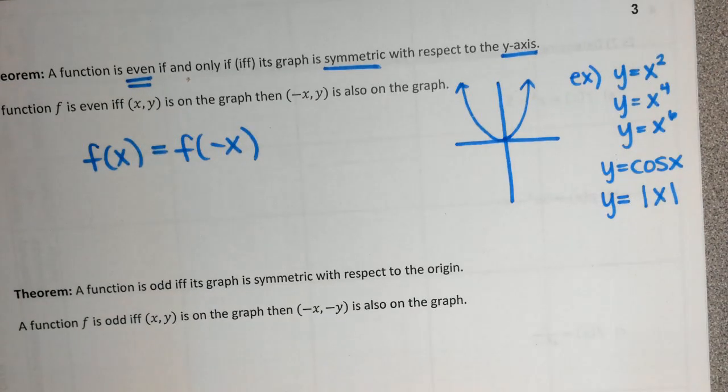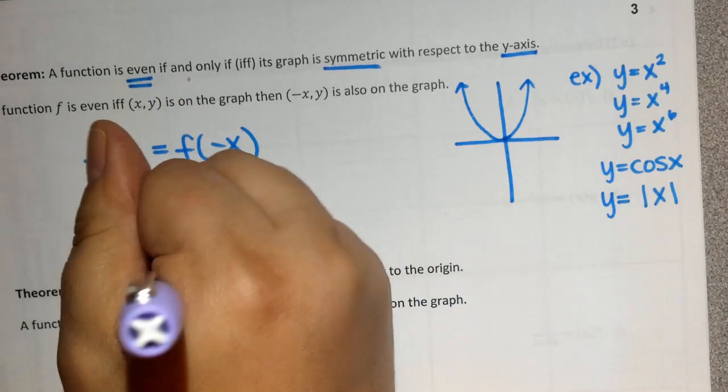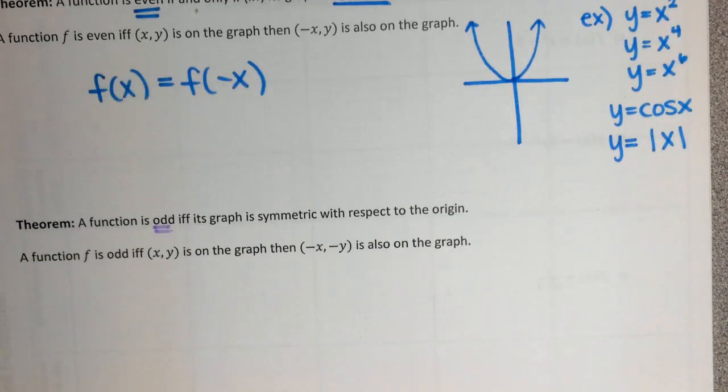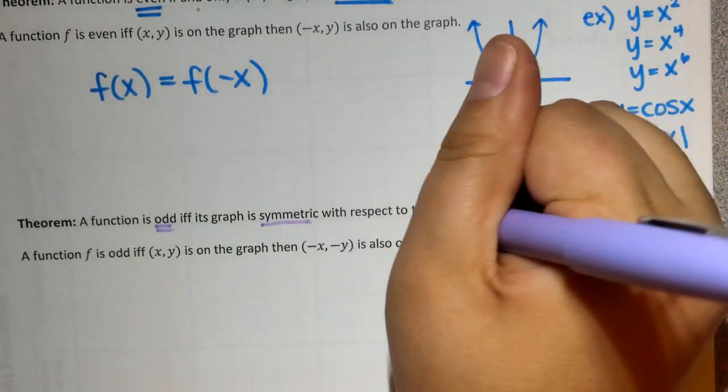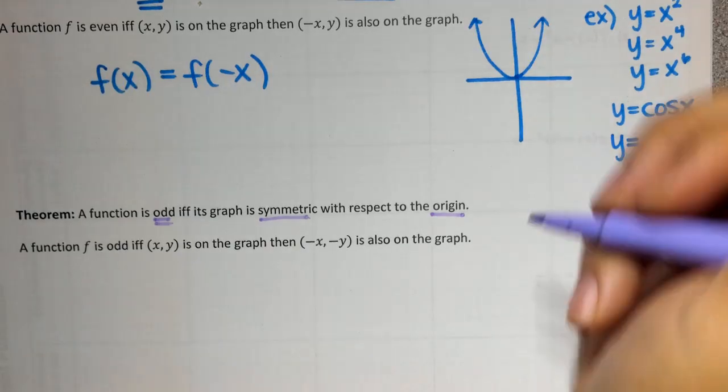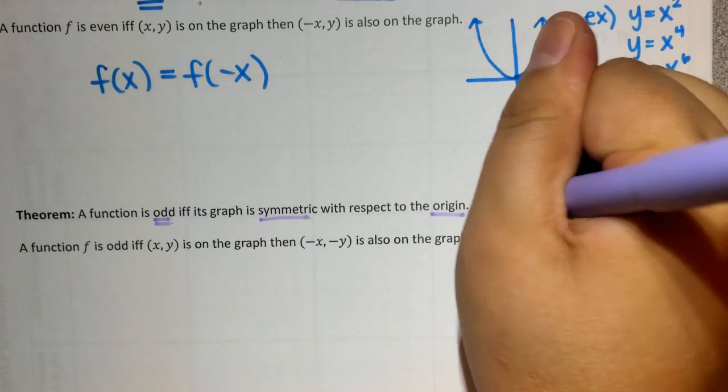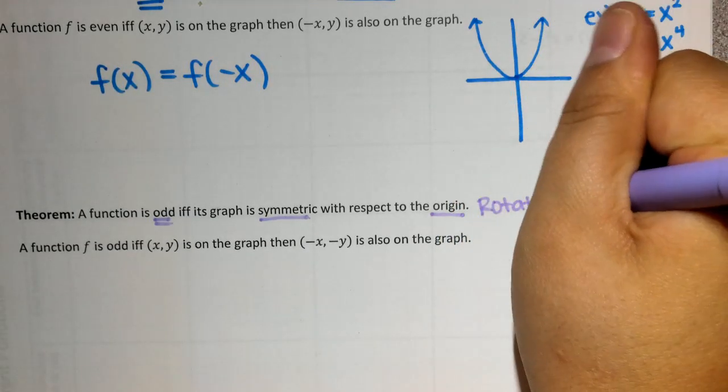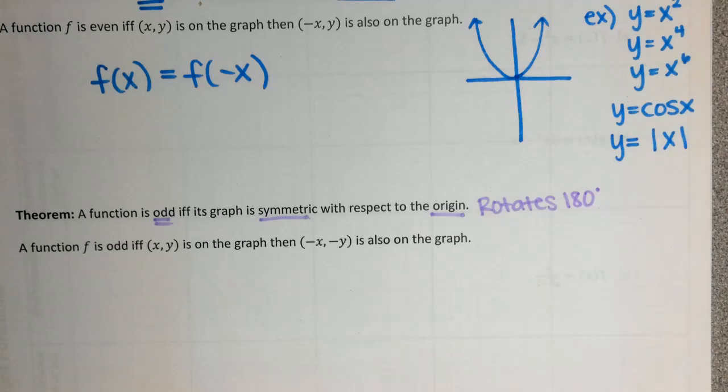For odd, a function is odd if and only if its graph is symmetric to the origin. And by symmetric to the origin, I mean it rotates 180 degrees.